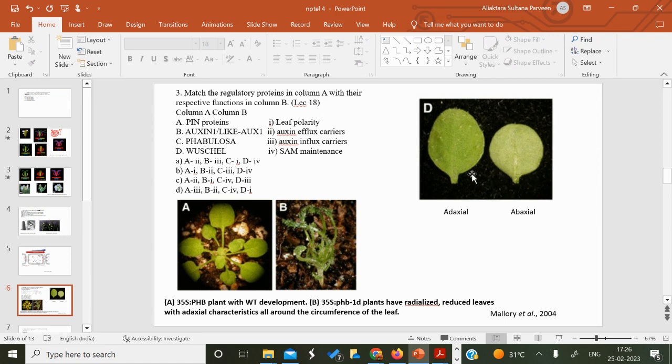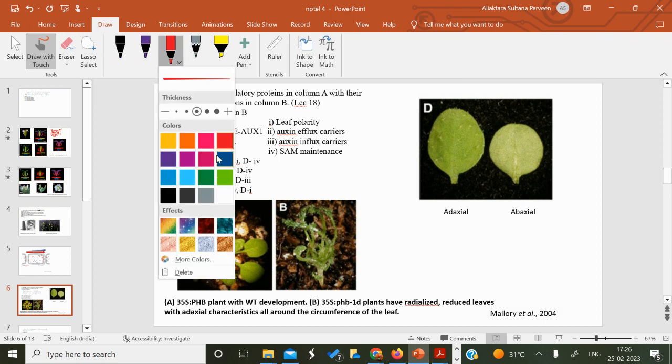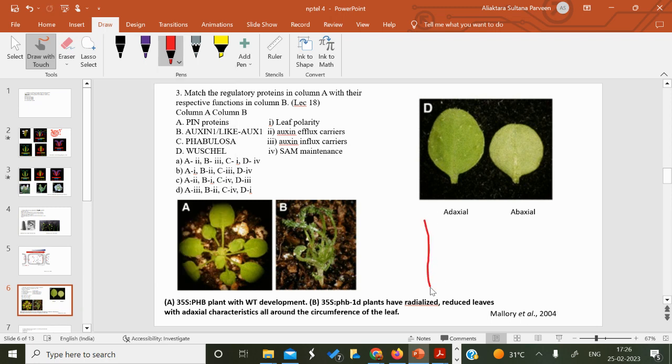Okay, so you know about the adaxial and abaxial side. So just imagine this is the stem of your plant. Now this is your vertical axis.